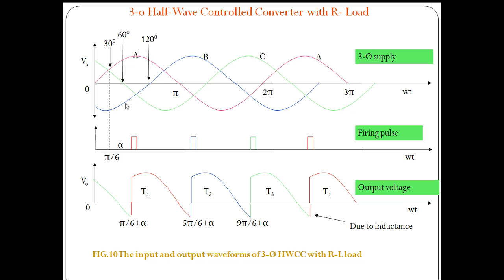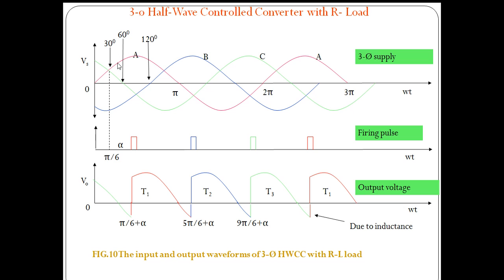So here, if you observe closely, in the previous case, whenever the firing pulse is applied, the phase A will be in conduction. Phase A will be subjected to more forward bias.